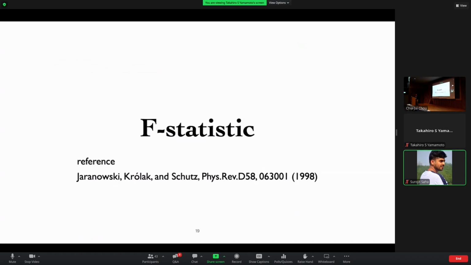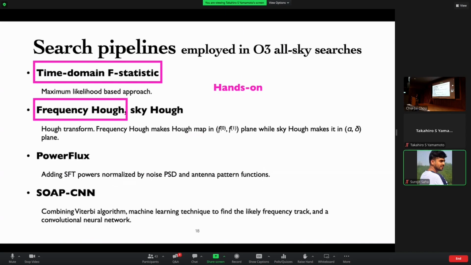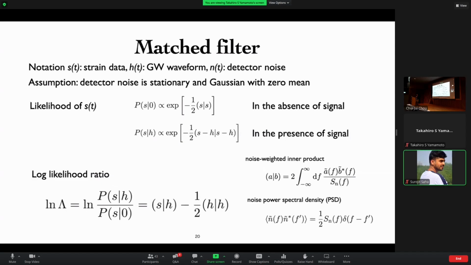Okay, so let's move to the explanation of these two methods. The F-statistic is based on the technique called matched filtering. It is a well-known technique when we have models for gravitational waves. Here's the notation: s is the strain data, h is a predicted gravitational wave waveform, and n is detector noise.